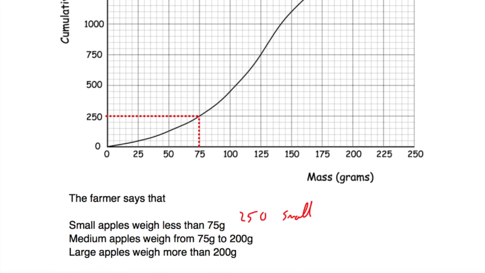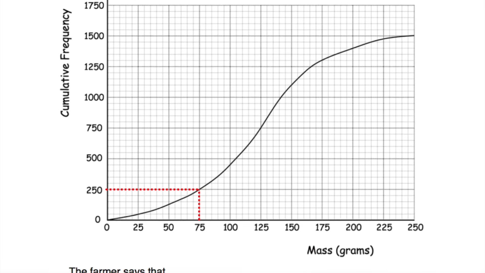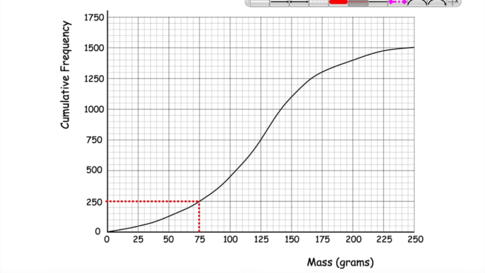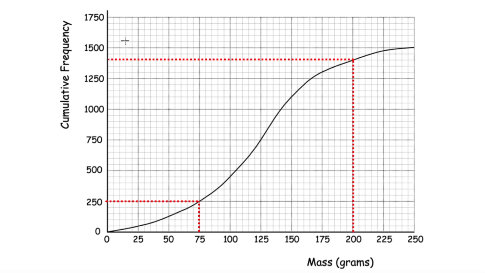Okay, now medium apples weigh between 75 grams and 200 grams. So let's go to 200 grams on the cumulative frequency diagram. So 200 grams is here, and let's go up and across. And when we go up and across, let's see what we get. It's the second box below 1,500. In terms of this, each little box is from 0 to 250 in 5 boxes. So 250 divided by 5 is 50. So that means we've got 1,250, 1,300, 1,350, 1,400.